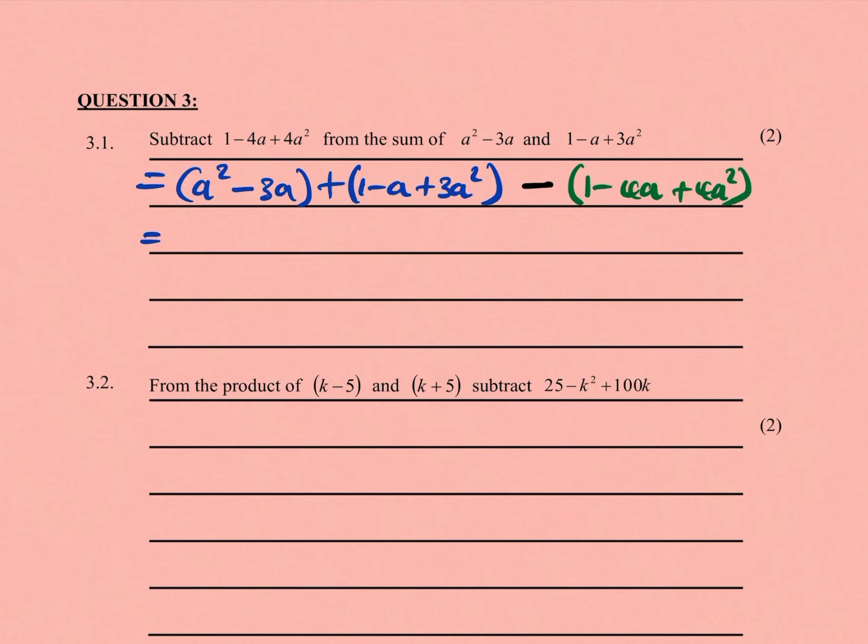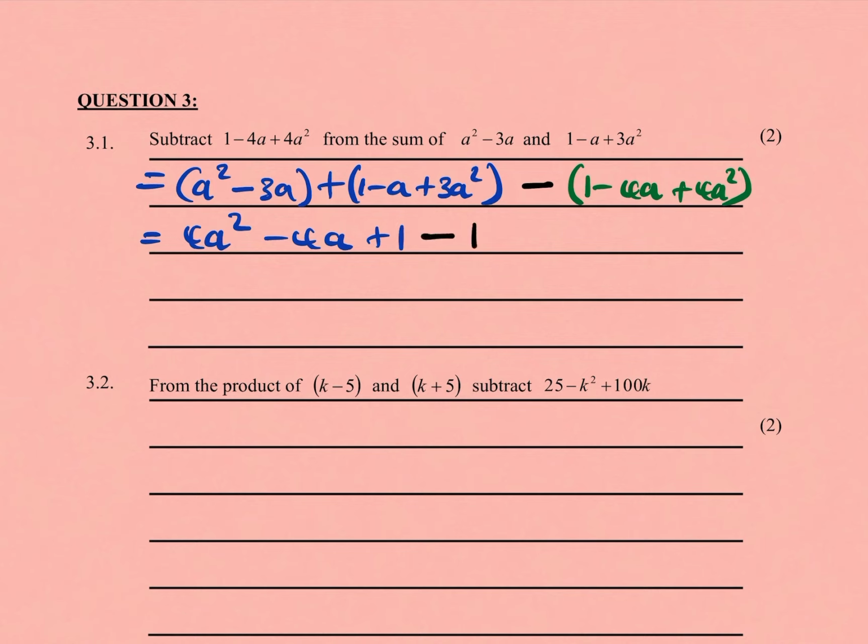Now let's simplify it. If you add the two, a squared plus 3a squared is 4a squared, and then minus 3a plus minus a is minus 4a, and then 0 plus 1 should be 1. I have to subtract everything there.